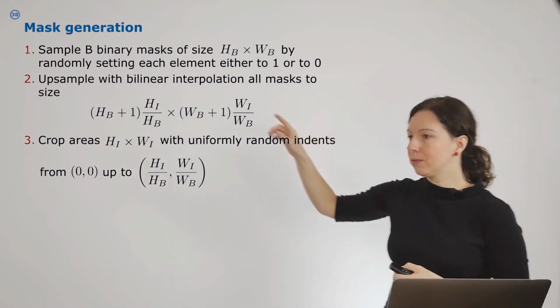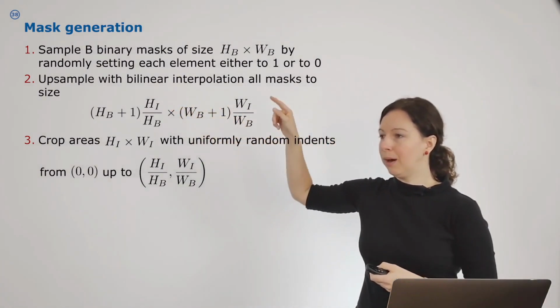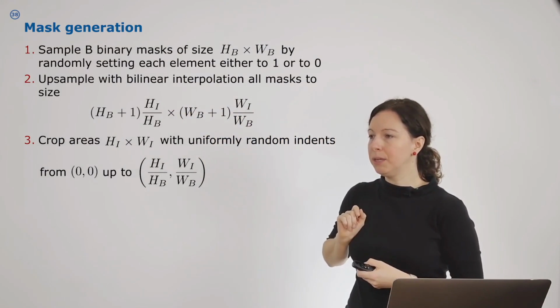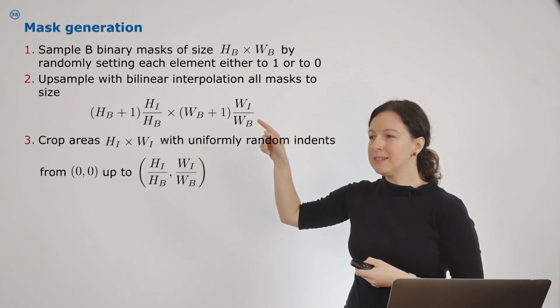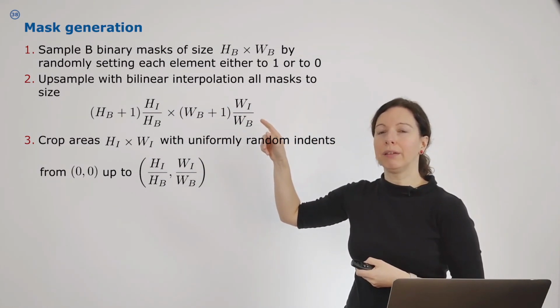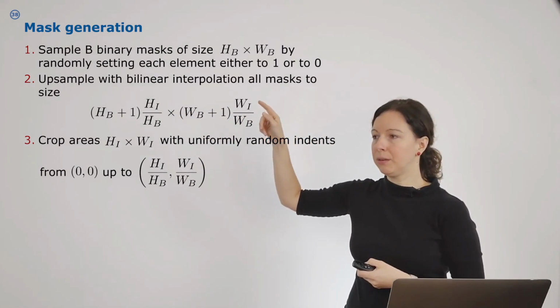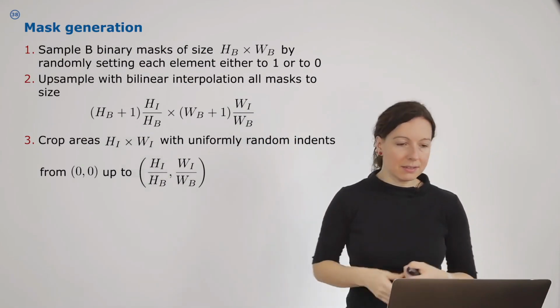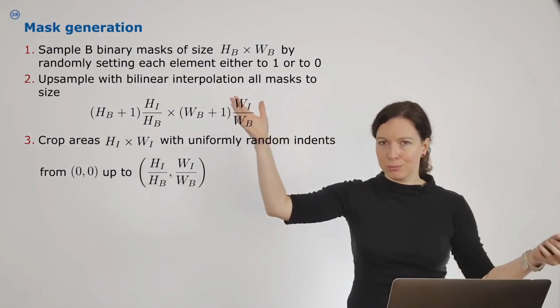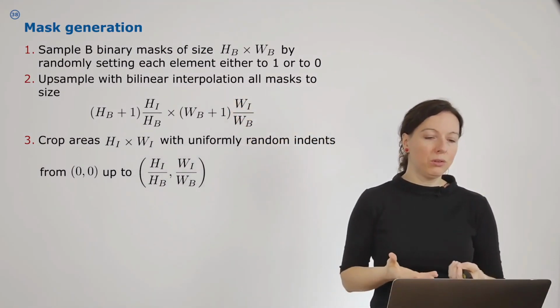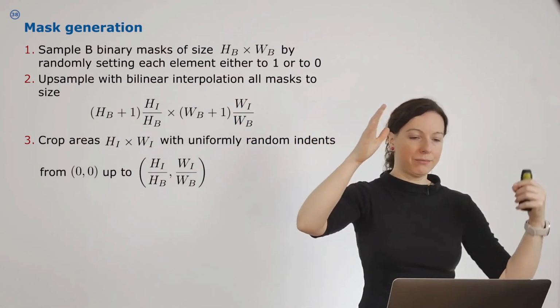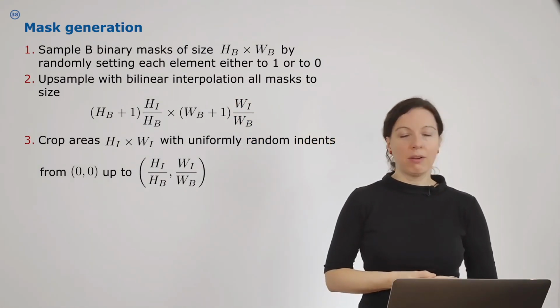H_I and W_I is the size of the image. And then you can already see this is a little bit bigger than the original image size. So the mask would be bigger. And then what you do is you crop areas from it with uniformly random indents.